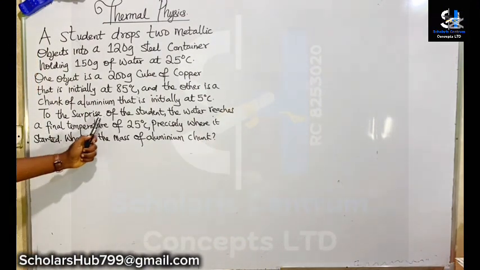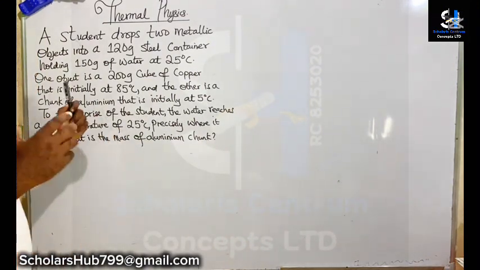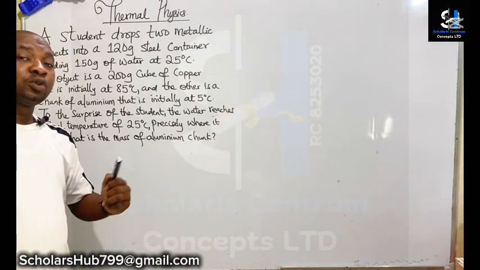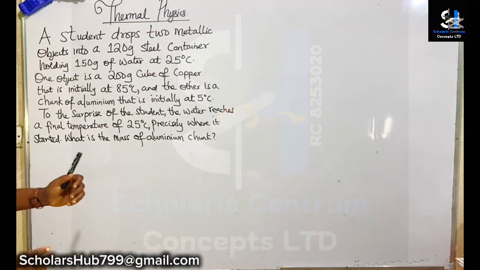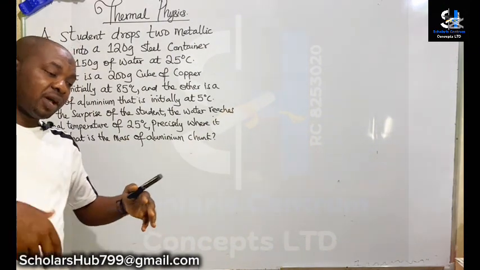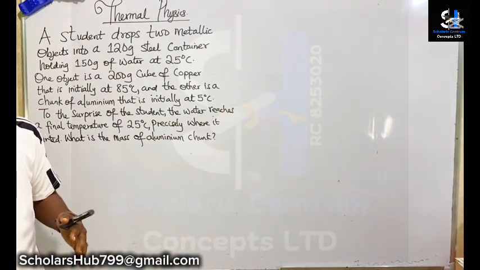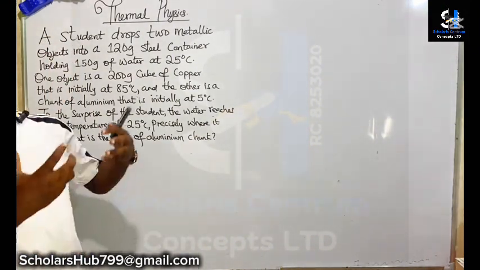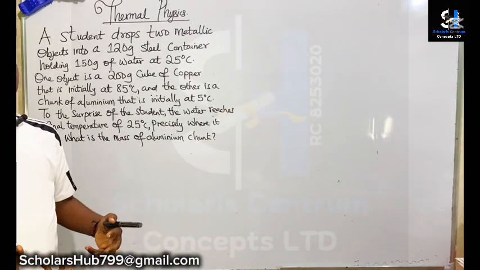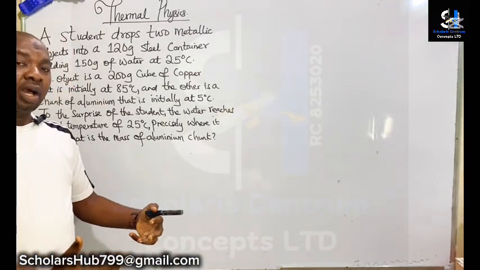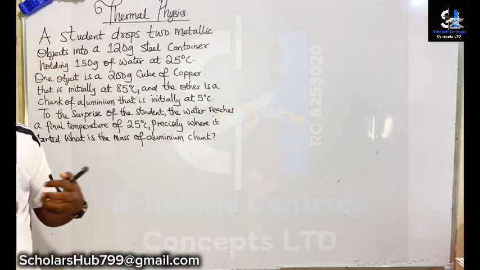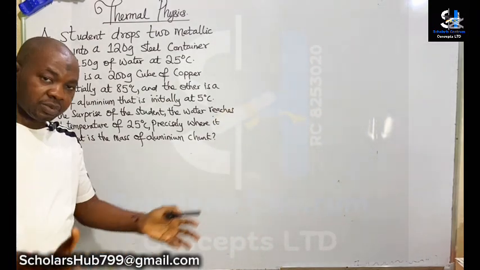So, to the surprise of the student, the water reaches a final temperature of 25 degrees Celsius, precisely where it started. That means that after stirring the mixture, the heat lost by the hot metallic object will be equal to the heat gained by the cold substance.